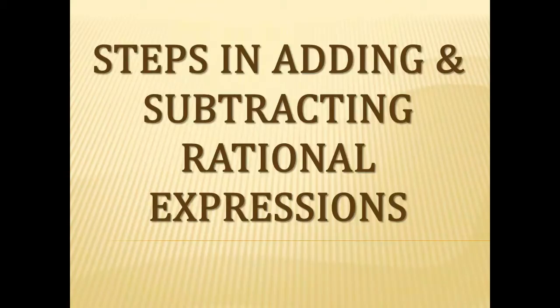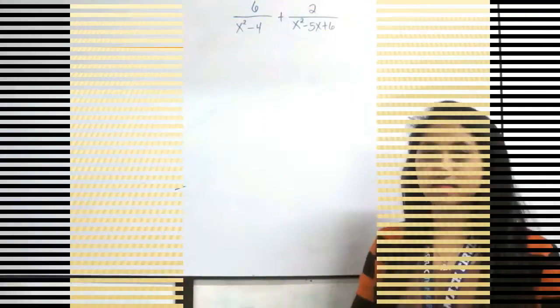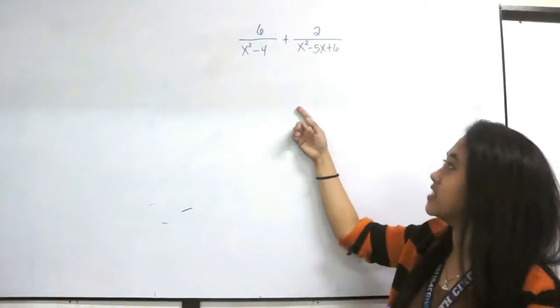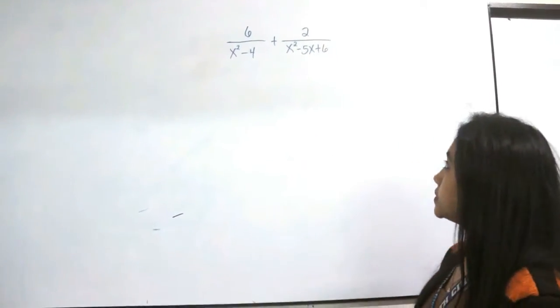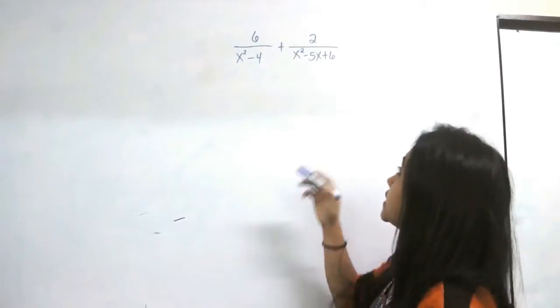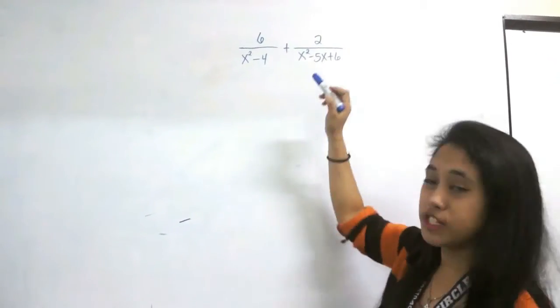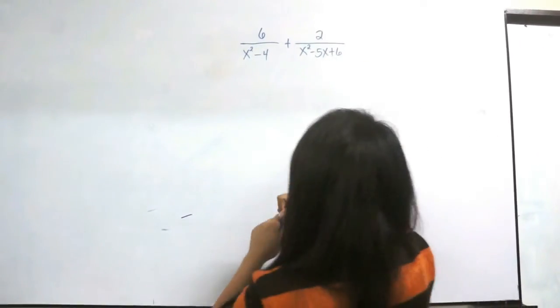So here are the steps in adding and subtracting rational expressions. Step 1. Factor the denominator of each fraction to help find the LCD. So let us have this example: 6 over x squared minus 4 plus 2 over x squared minus 5x plus 6. Since we will only be factoring the denominators, just copy the numerators.